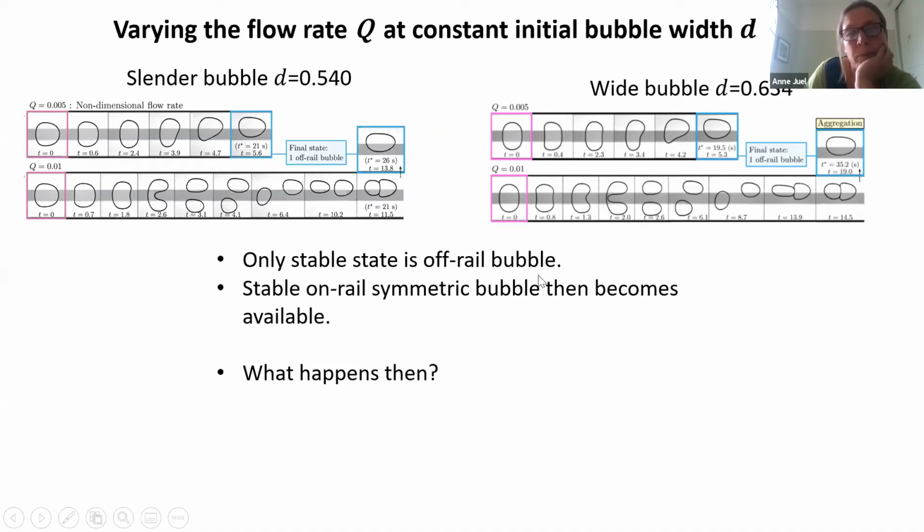But now, if we increase the flow rate, then we get more steady bubble states that become available. And in particular, we can have an on-rail symmetric bubble. So the question is really, let's increase the flow rate beyond this. What happens then? Is the system eventually able to settle on this symmetric bubble?